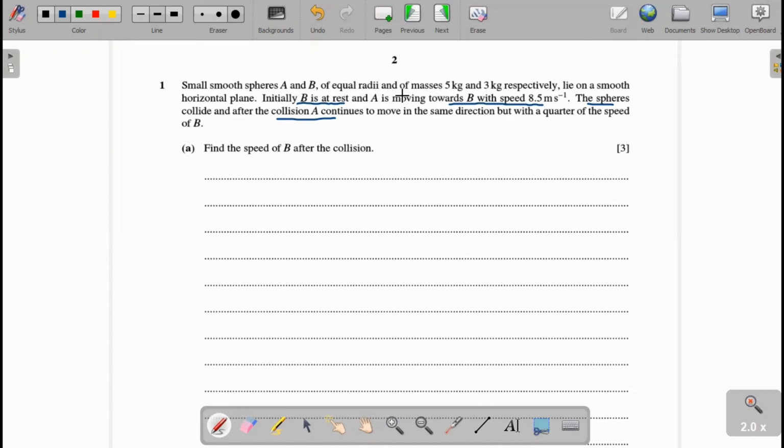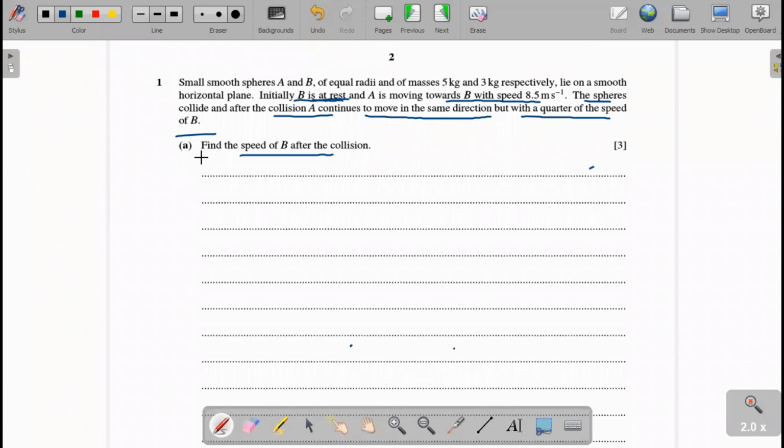The masses of the two spheres are 5 and 3 kg respectively, and we draw spheres A and B here. To find the speed of B after collision, firstly we write the data given in the problem.